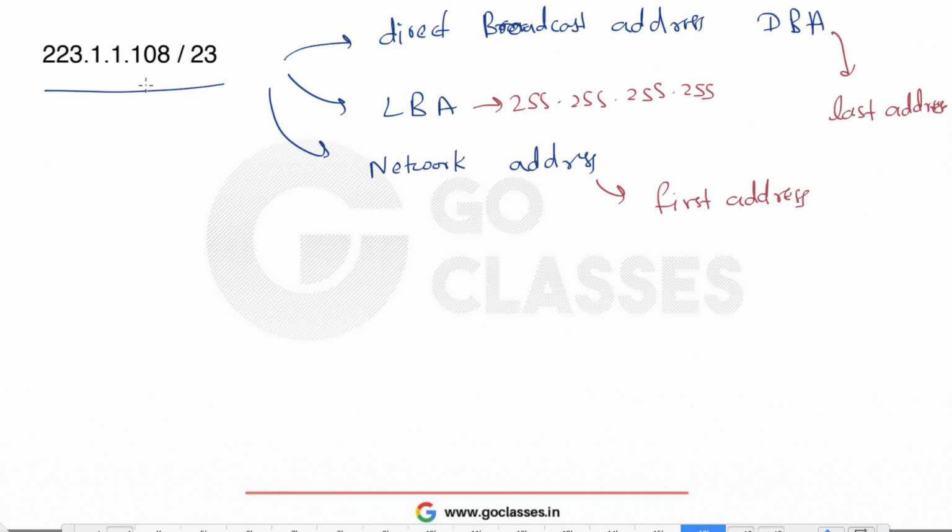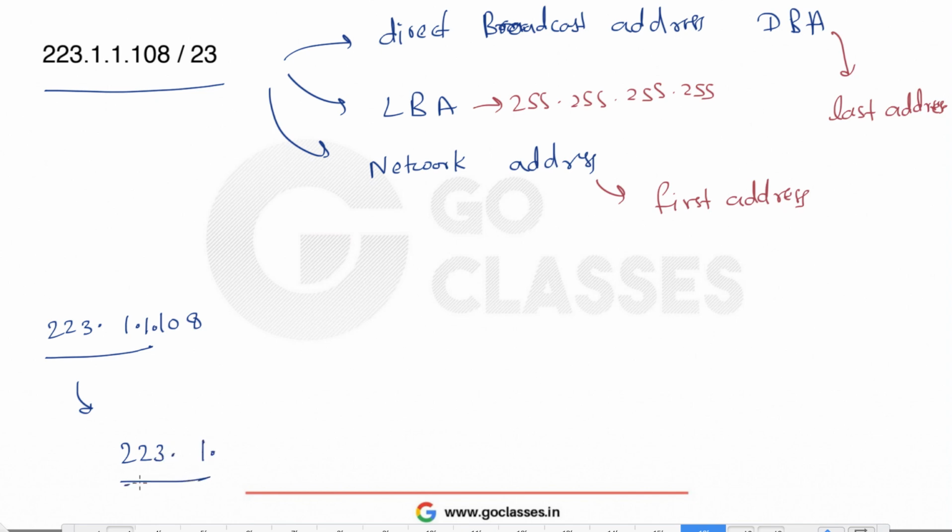To calculate the first address or last address, we need to check how many bits are fixed. So 23 bits are fixed, which means this is 8 bits, this is 16 bits, and then these are 24 bits, but not every one of these bits is fixed. Only 23 bits are fixed. So let me just represent this in binary.